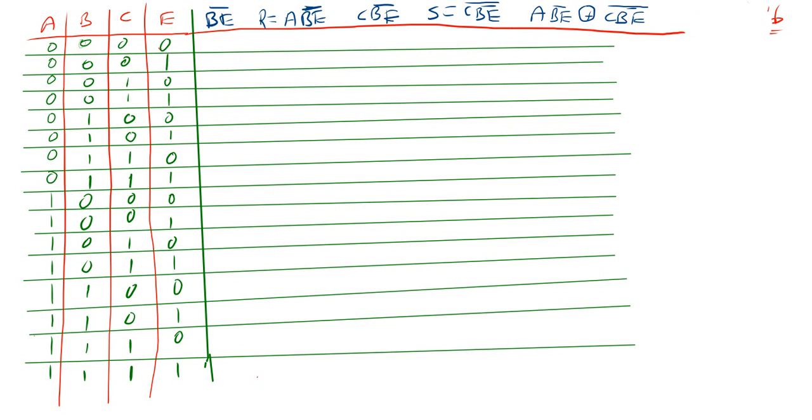Then finally, the final column will be for our T, and the T is when we complement the previous expression. So we are going to have T, which will be given by A, BE complement XOR CBE.